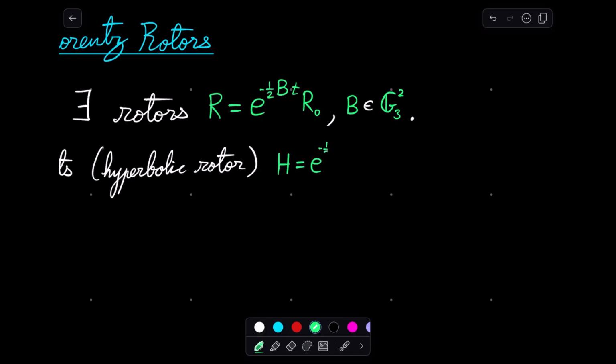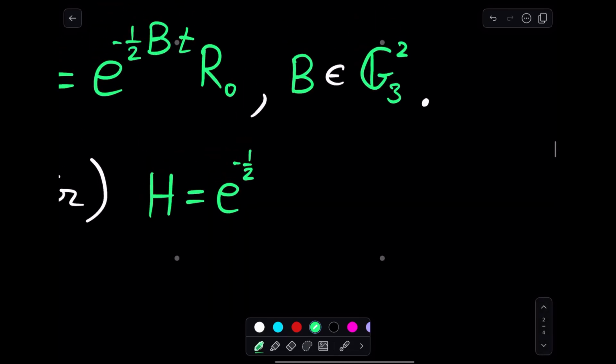E to the negative 1/2, and then phi. Phi is the hyperbolic angle, in the direction of motion, times t.